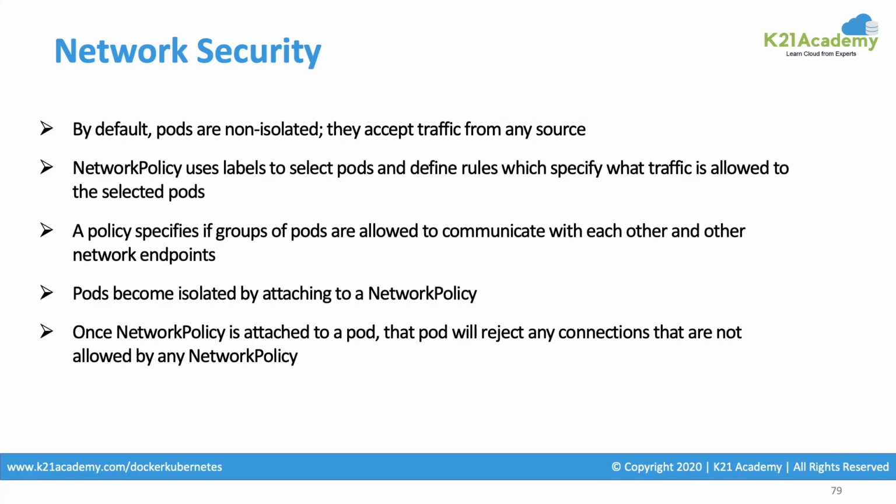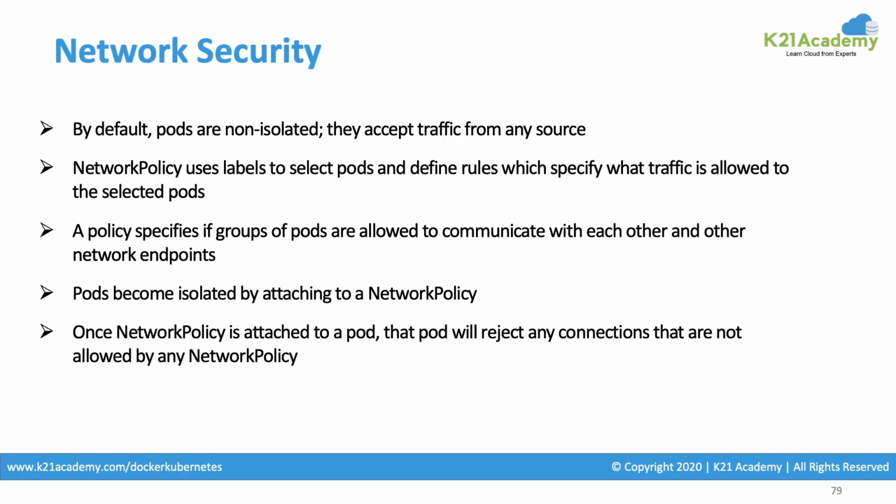So you can create policies, you can define rules which will restrict the outgoing traffic, and which will have conditions to restrict the incoming traffic to a pod. When you create a policy, you can specify a group of pods or a single pod which can communicate with the other one. Or else, instead of using the pod labels, we can even specify a range of IP addresses from which I can expect a packet to come.